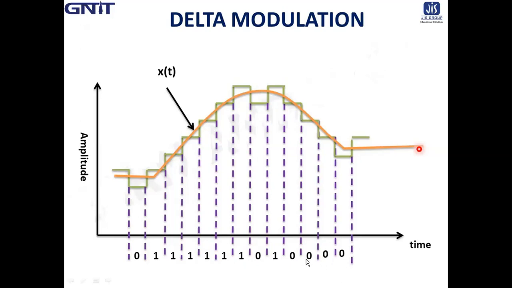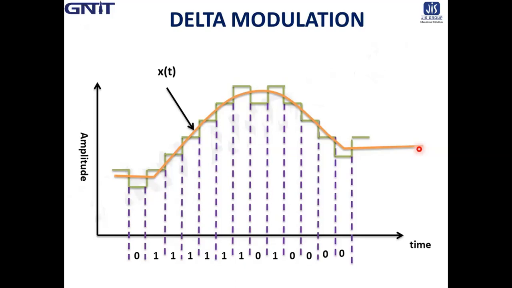So the bandwidth of delta modulation is, in case of PCM, the bandwidth was V into fM, but here the bandwidth is always fM.